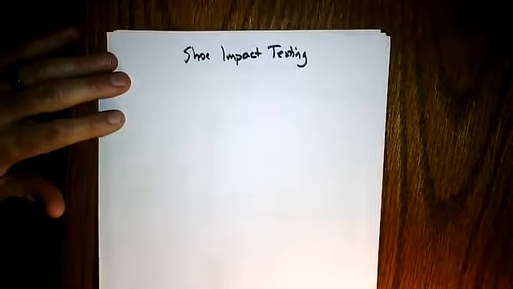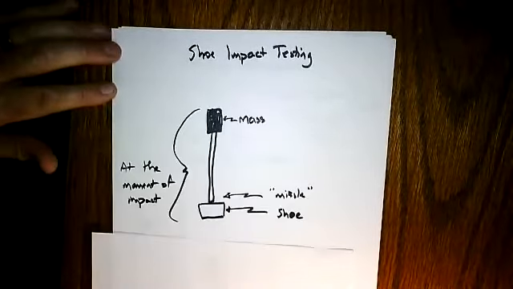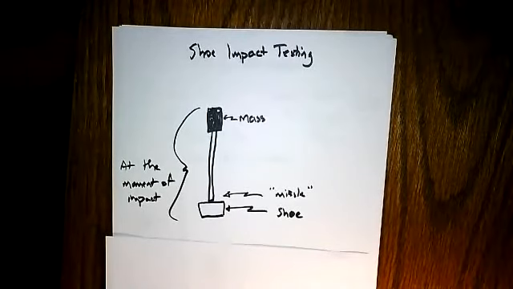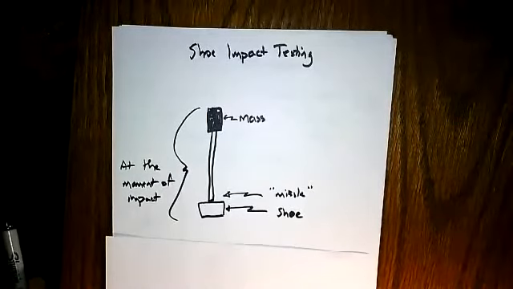So let's go through some of the details on how we quantify the mechanics of a shoe in terms of energy absorption. In the lab, we do shoe impact testing, and that impact test involves a particular instrument, an impact tester, and this is a bad schematic of that impact tester.